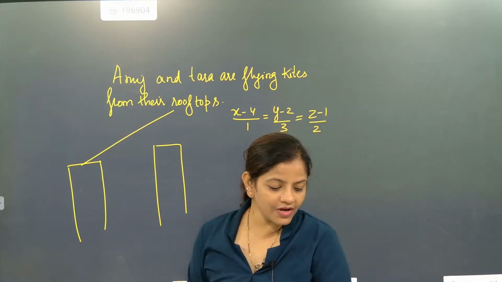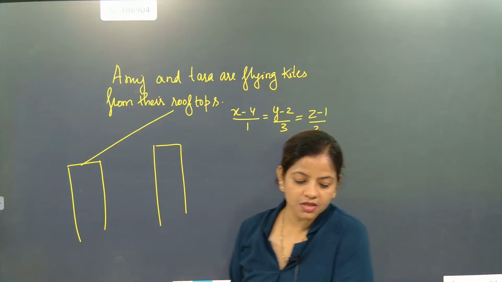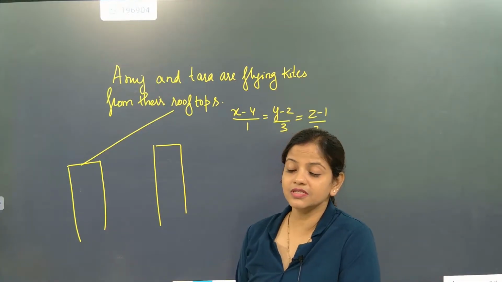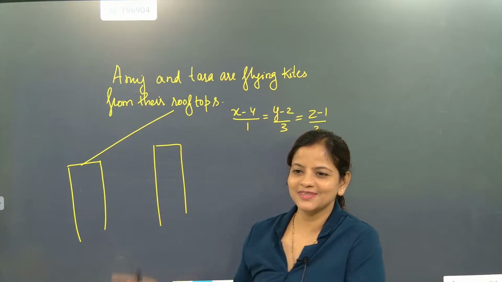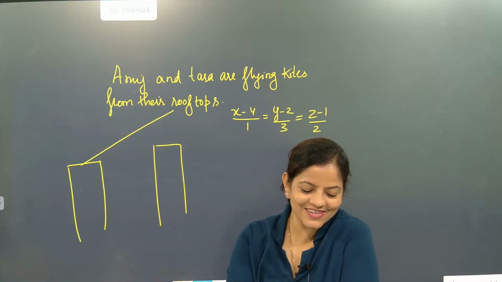This is the equation of line for Anuj. Understood or not? This is exactly the equation of line for Anuj. Straight line means the string equation.